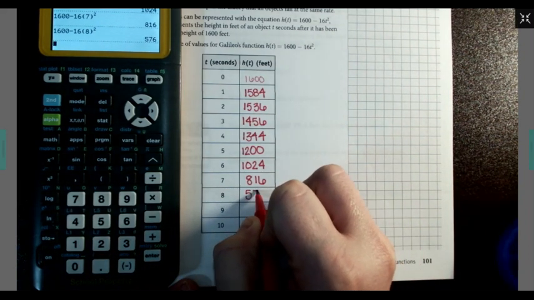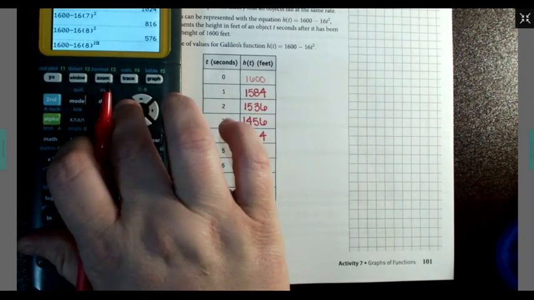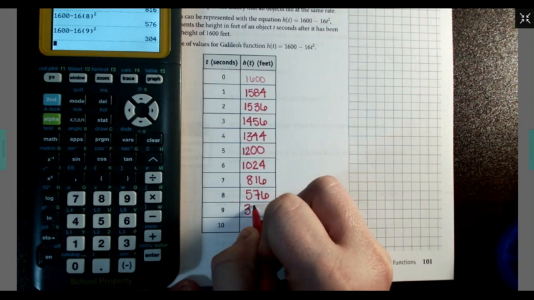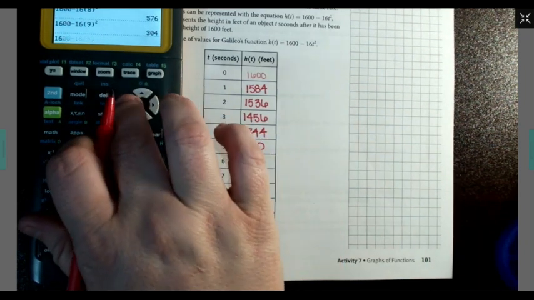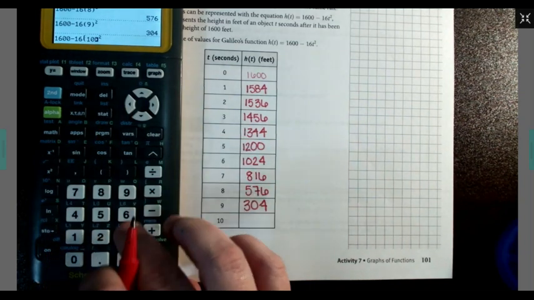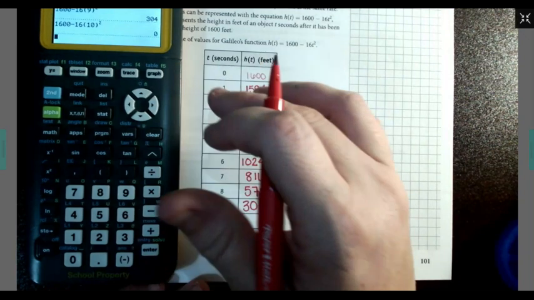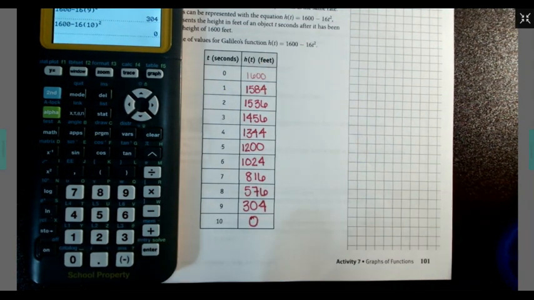It is 576 feet above the ground. At 9 seconds, it's going to be 304 feet above the ground. Let's check this out. At 10 seconds, it's at 0 feet above the ground.